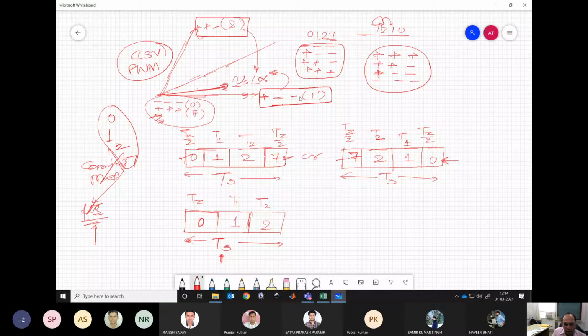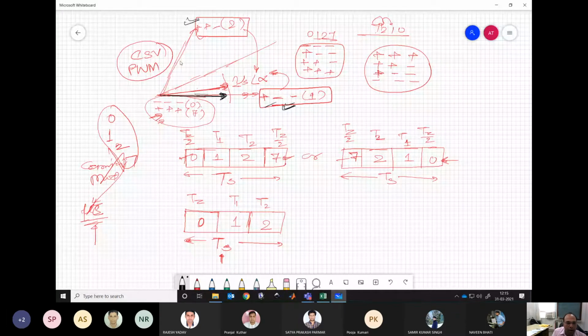Then vector 1 alone is sufficient to realize this vector. We need not apply vector 2. So a zero vector and this active vector are sufficient. Similarly, if our vector is aligned along vector 2, then we need not apply vector 1. Are you getting my point? Let's say the vector angle is 0 degree, which means there is no beta component.